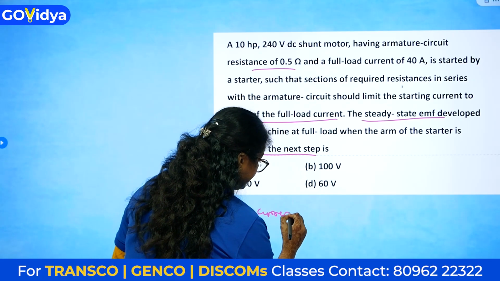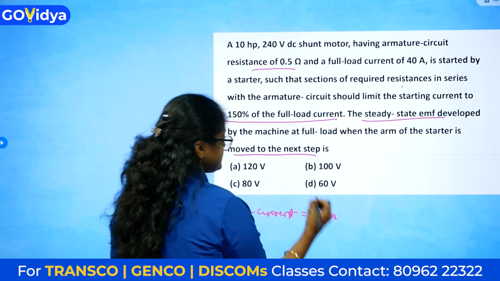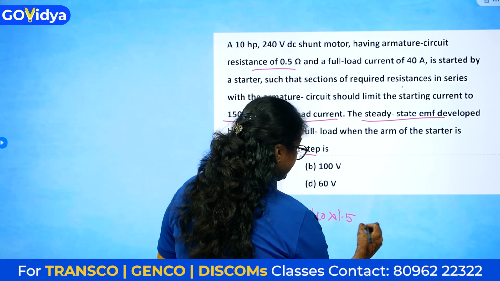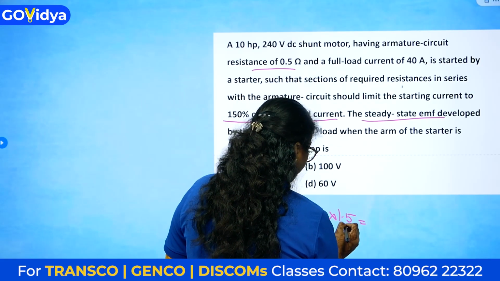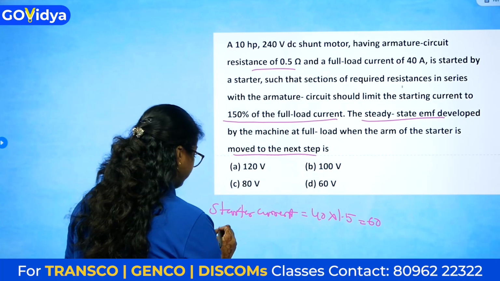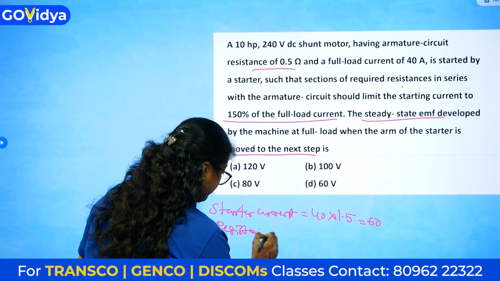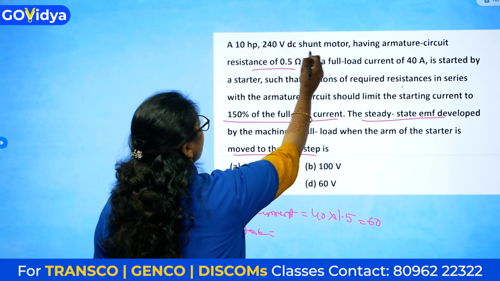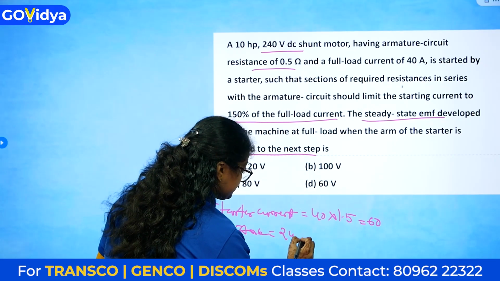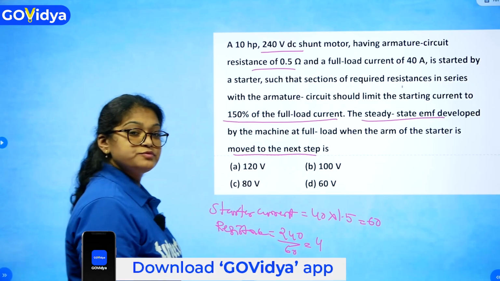We find the starting current, which is 1.5 into 40, that is 60 amperes. Then we find the starter resistance: 240 divided by 60, which is 4 ohms.